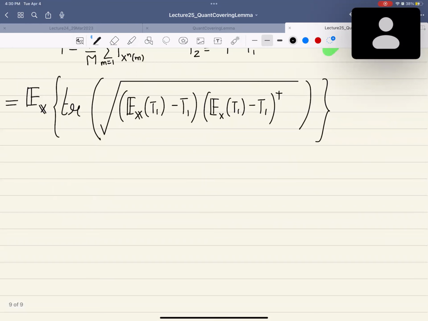A claim in red means homework, not very hard. These are just small exercises. So I claim the expected value of x t1 minus t1 — this is not a very nice notation, I should be using square brackets. I claim that this is self-adjoint.